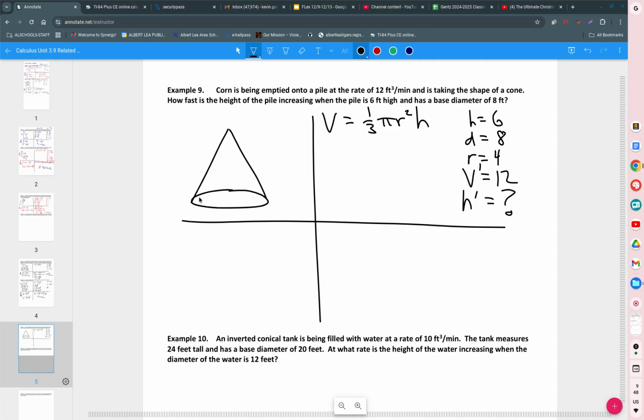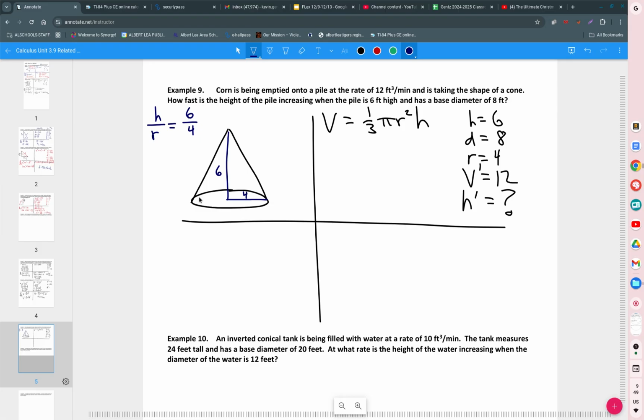So what I'm going to do here is use our current situation, which is a height of 6 and a radius of 4, to say that the height over the radius remains a constant ratio of 6/4. Remember how I said that they are proportional to each other?